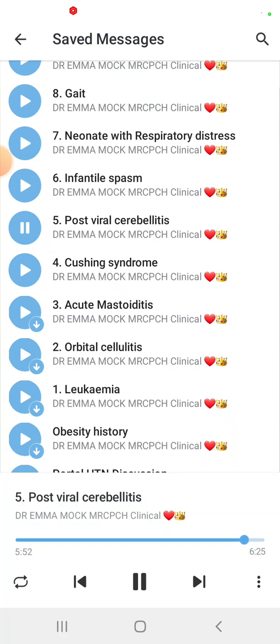And on history, it comes like this: Jenny is a 3-year-old referred from the GP for acute unsteady gait, progressive over the last 1 week. She had a fever and a rash 2 weeks ago. Take history from mom, Linda. So that is clear: 2 weeks ago there was a rash, now an acute unsteady gait. So it is post-viral cerebellitis, and we give the DD: acute, like post-varicella cerebellitis, drugs, labyrinthitis, acute disseminated encephalomyelitis, GBS, and trauma. So thank you.